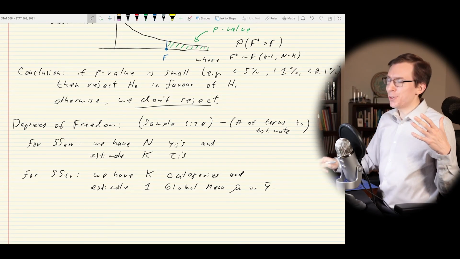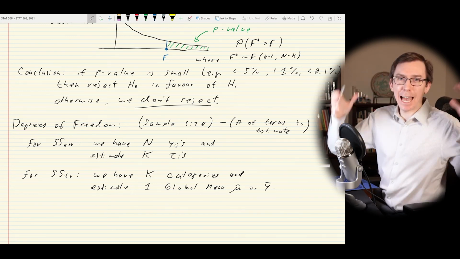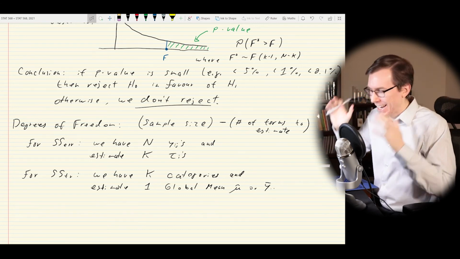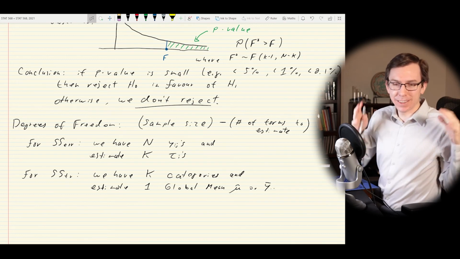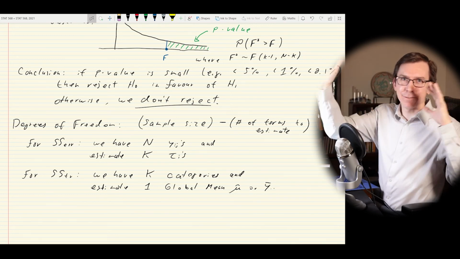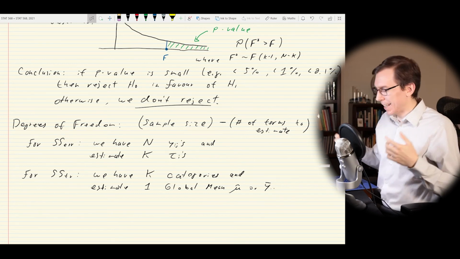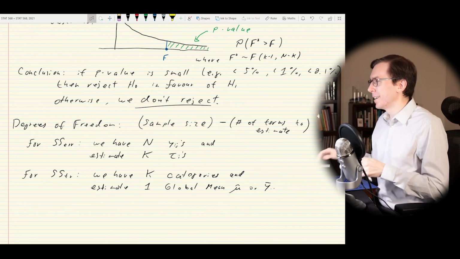So that's intuitively what's going on. And then we're taking that sample size, capital N, and subtracting the number of things we estimated. In the treatment case, we have k different categories, but we have to center them around one global mean, so that's what we estimate, and we subtract 1. So intuitively, that's kind of what's going on.